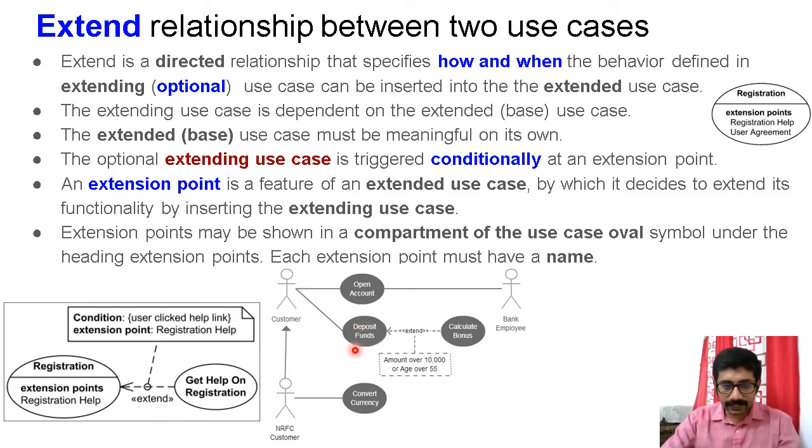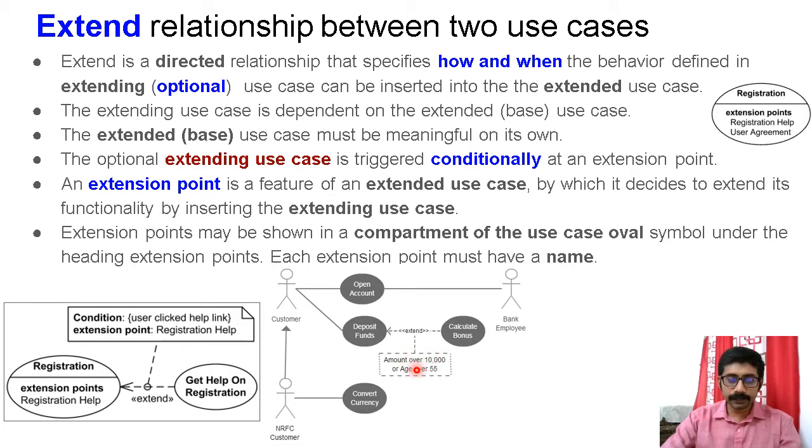Let us consider this example. Here the customer can deposit funds. Fund deposit is an extended use case. There is another extending use case named calculate bonus. So optionally, this fund deposit will use calculate bonus. At the time of fund deposit, it will check for the condition. That means if the amount is above 10,000 and if the age is above 55, that is our extension point.